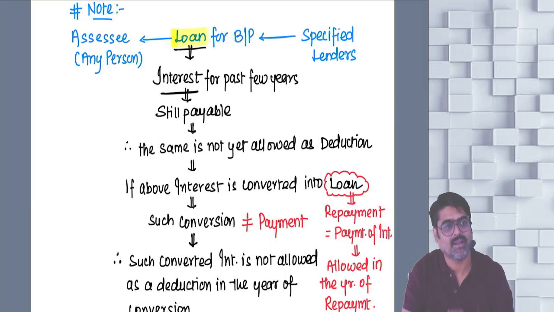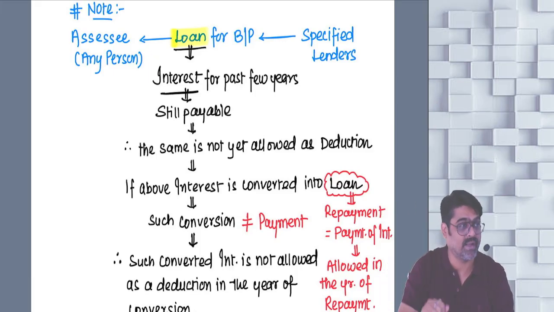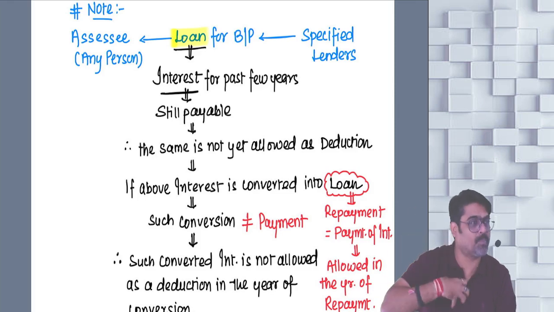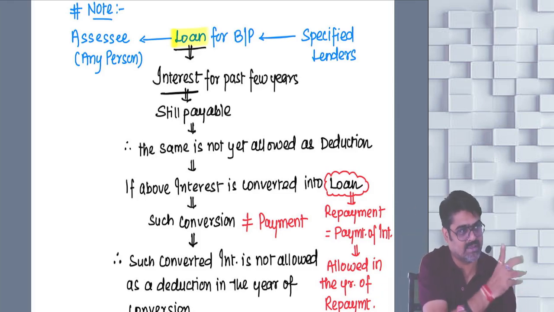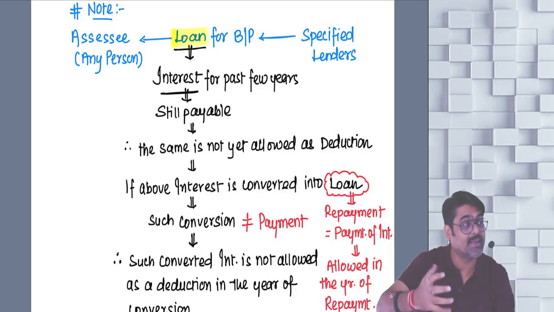Now tell me, the last 3 years interest, which was disallowed under section 43B because it was not paid. Yes or no? Now if you pay all the 3 years interest in this year, it will be allowed as a deduction in this year. But instead of paying, the bank converted that interest into loan in this year.